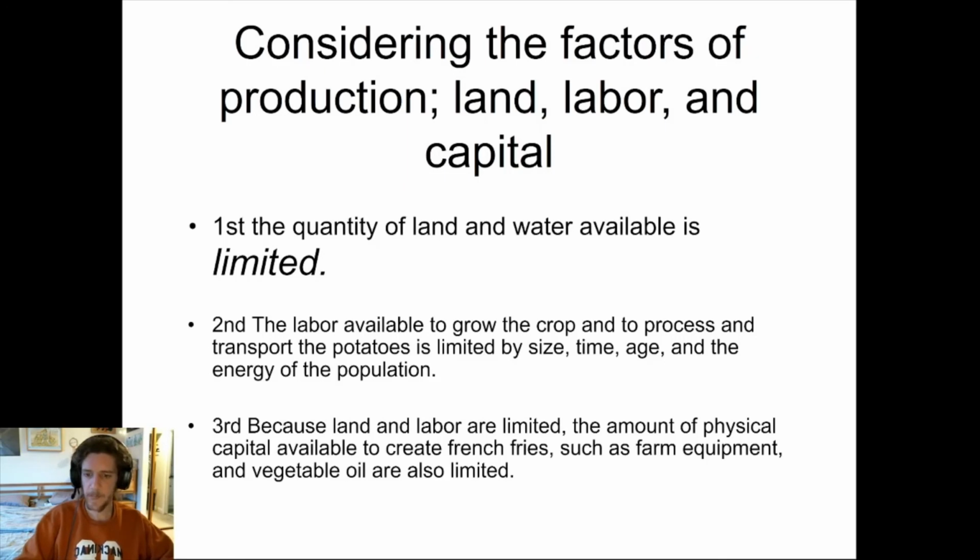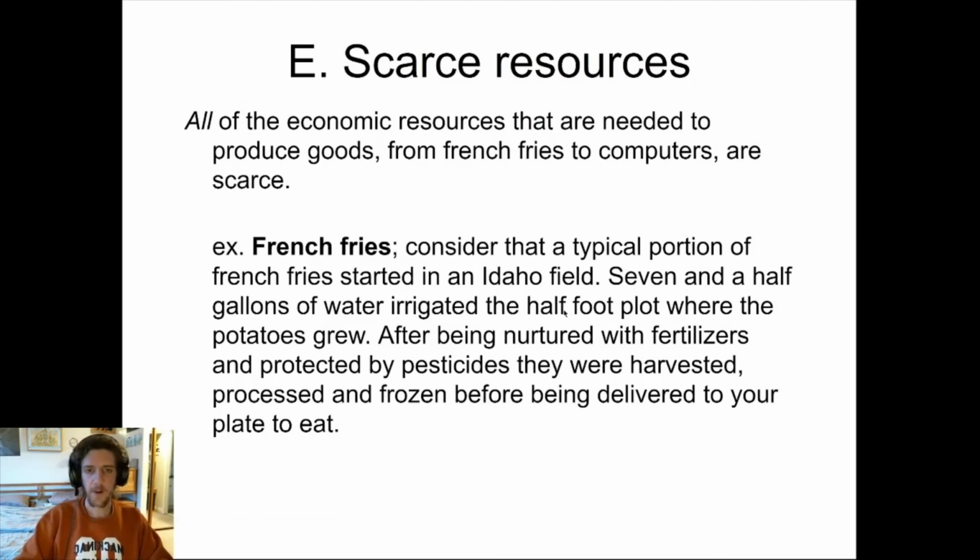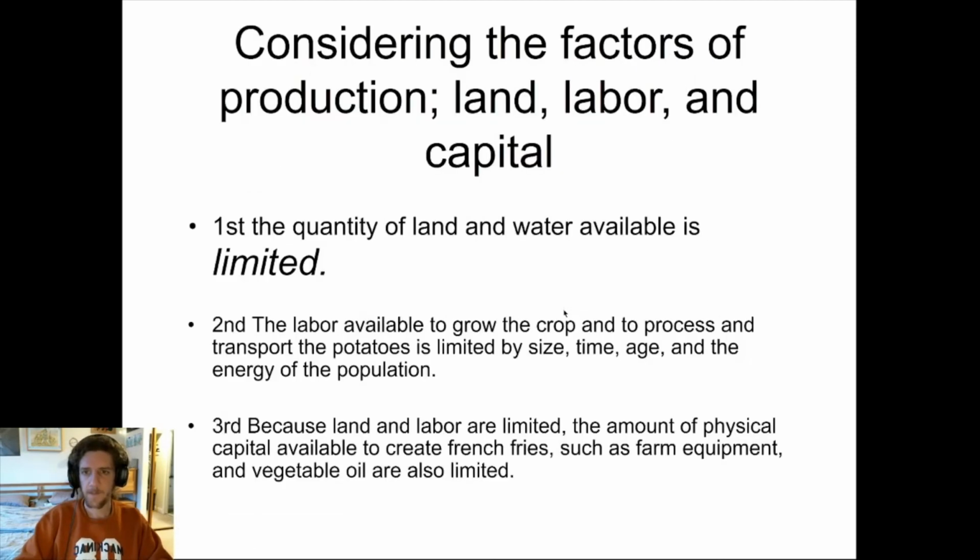And physical capital in this example is limited as well, because it has to do with how much money the entrepreneur is able to provide onto that farm. So all forms of the factors of production are present in making these French fries, and they are also all limited due to scarcity.